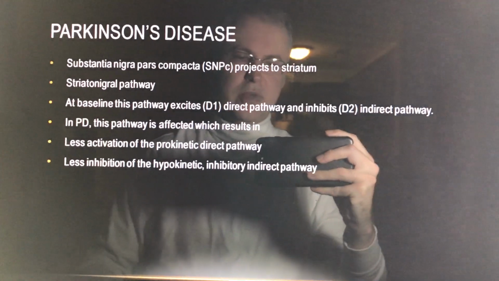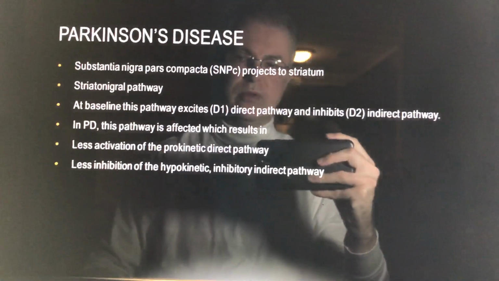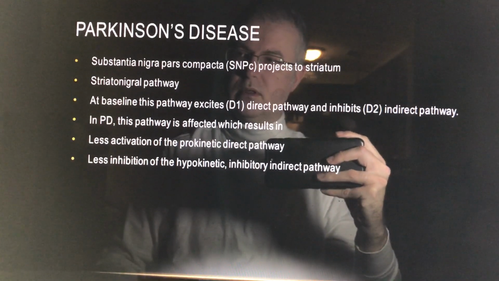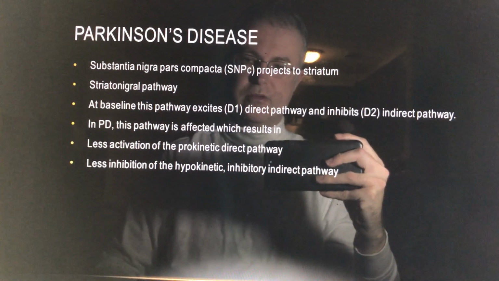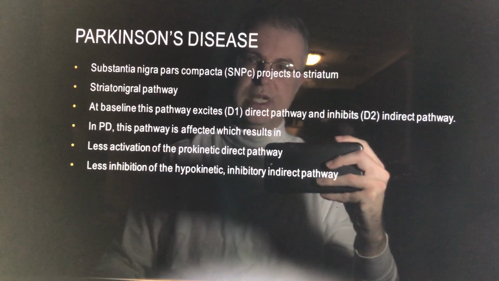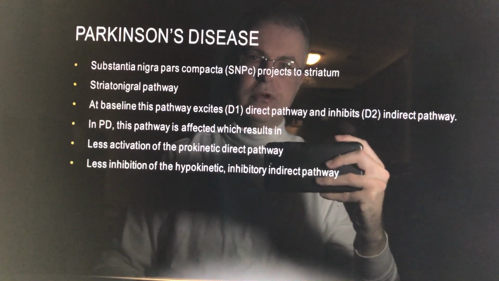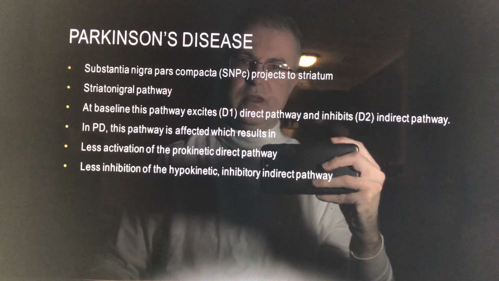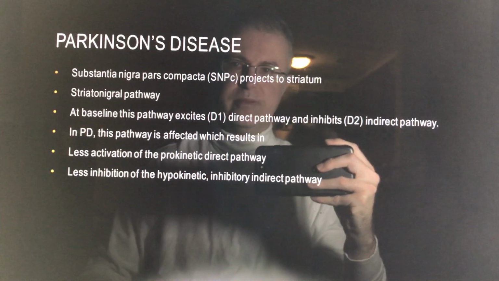So in Parkinson's disease, when the striatonigral pathway is affected, and obviously the neurons of the substantia nigra degenerate at a more accelerated pace, there's less activation of the prokinetic direct pathway, and there's less inhibition of the hypokinetic or inhibitory indirect pathway.